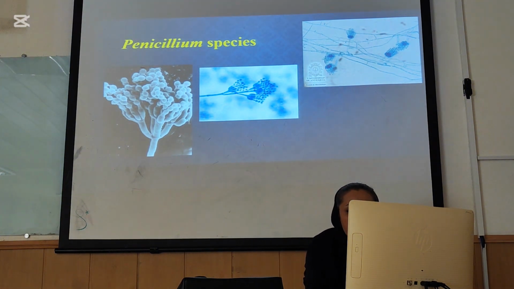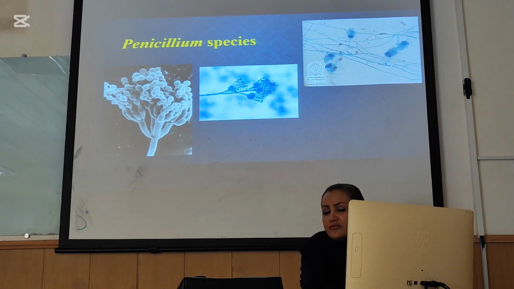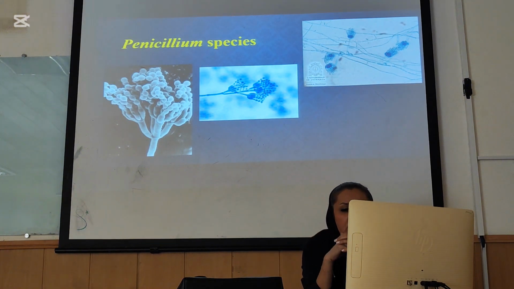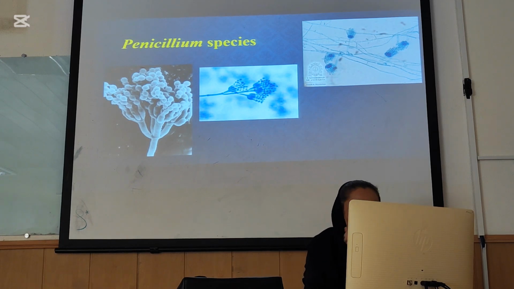And if you pay more attention, the penicillium is very fragile, very small, and very thin compared with Aspergillus niger. If you see the broom shape of saprophytic fungi under the microscope, you should diagnose penicillium.